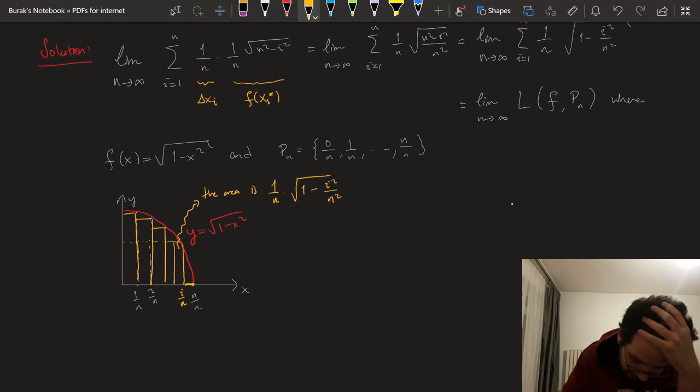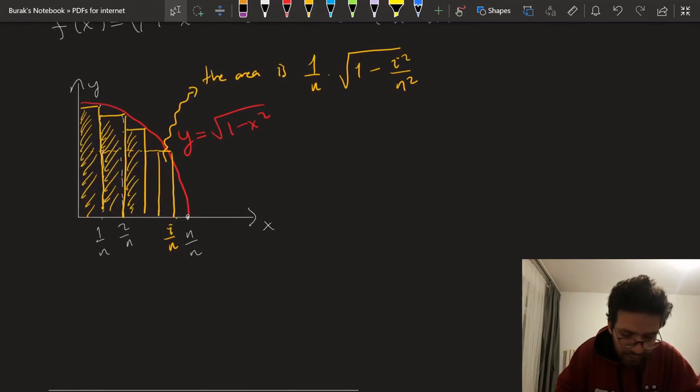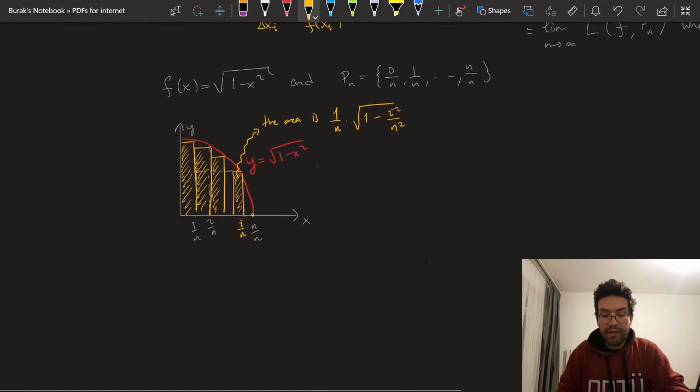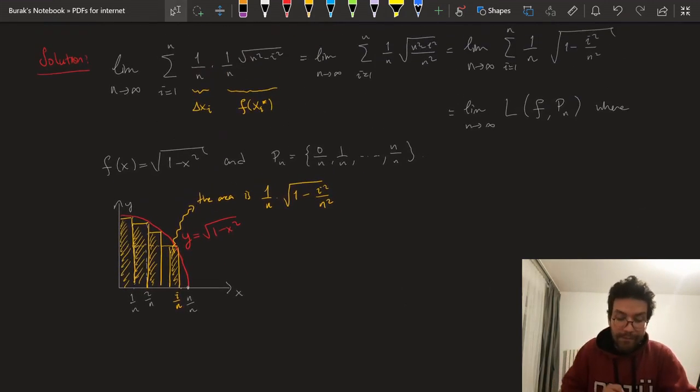For i equals 1, you get the area of this. For i equals 2, you get the area of that, and so on. So for the rectangle where this right-hand point is i over n, the area will be 1 over n times square root of 1 minus i squared over n squared. So you get this term, and you see that this is the lower Riemann sum for this function.